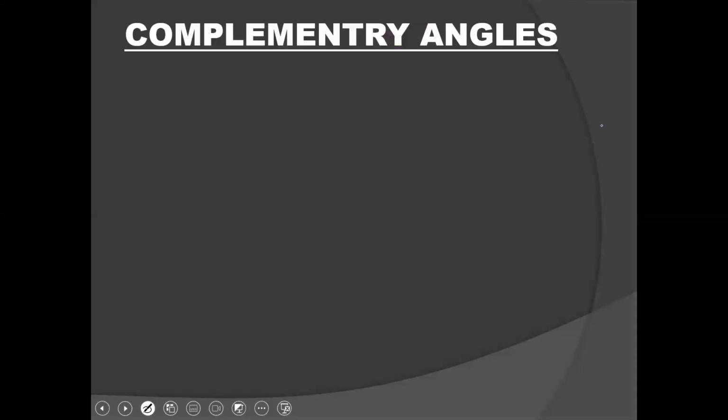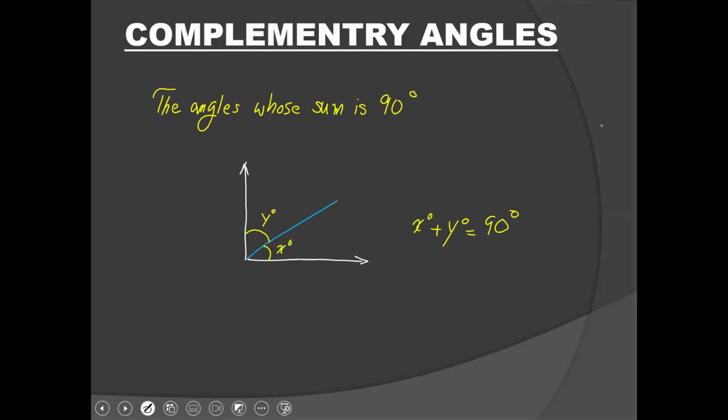Now give the heading complementary angles. The angles whose sum is 90 degrees are called complementary angles.